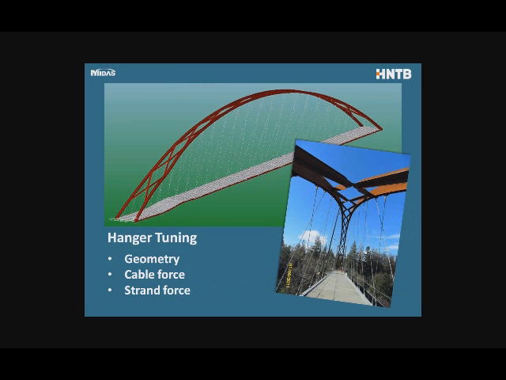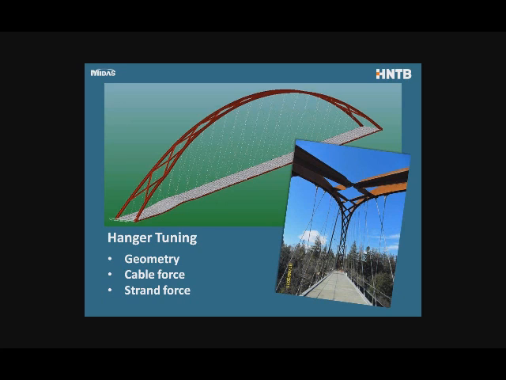Now the final stage is to get the cable forces and the geometry right. During construction, there's so much interaction with the false work and with tolerances and with temperature. You'll never get the geometry just quite right at the end, and the cable forces won't be quite where you want them. So there's always a final hanger tuning stage.